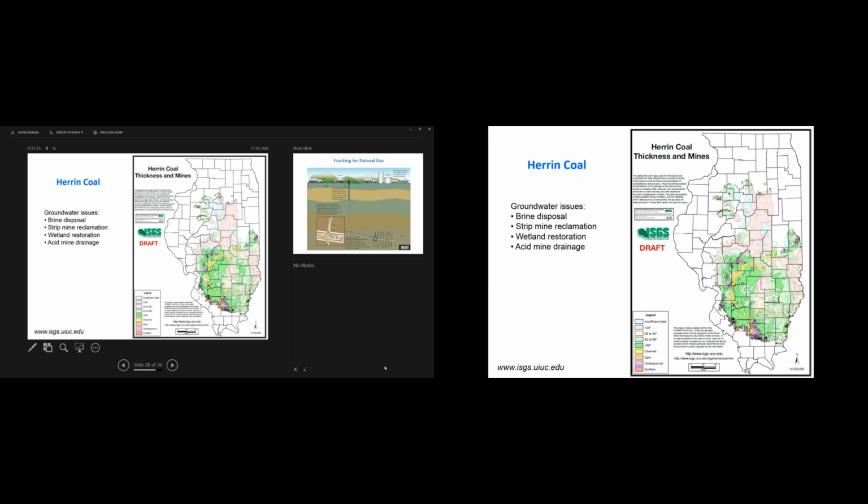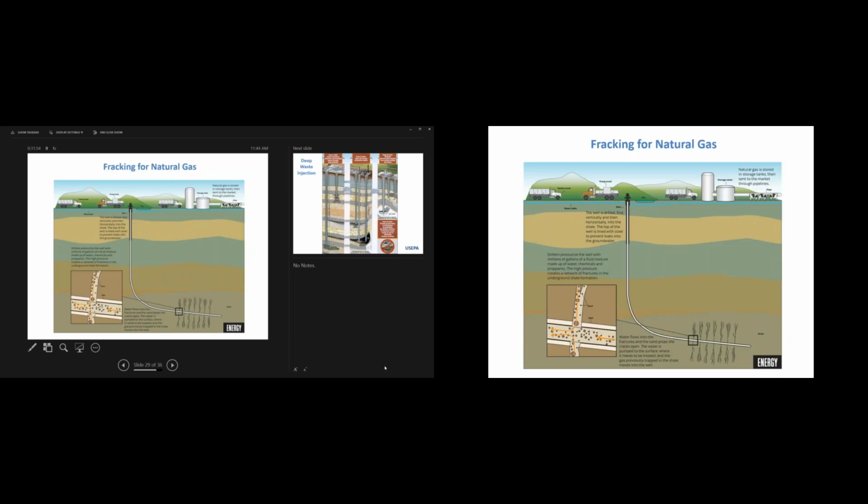Over south of Danville, you'll see spoil piles, but most of it's in southern Illinois. So we don't do a whole lot with coal. There's some acid mine drainage and those typical sort of problems. We don't have it as bad as Pennsylvania. No one has it that bad.